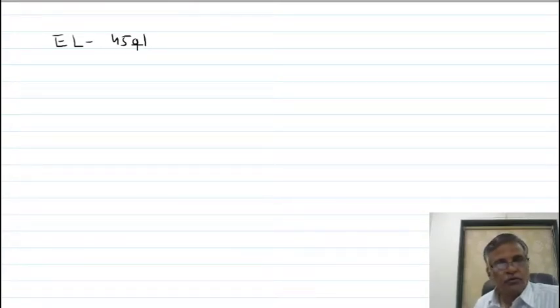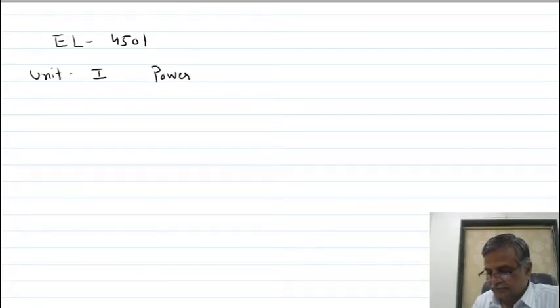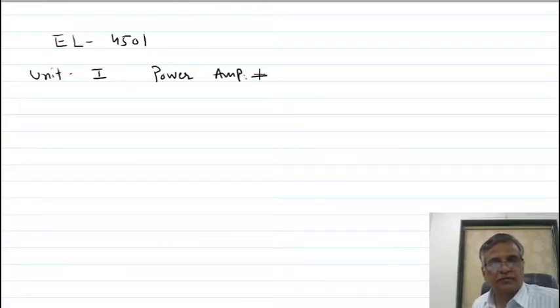From EL 4501 paper, I will take unit 1 about power amplifier. In this unit, I will discuss class A power amplifier, transfer coupled amplifier, class A push pull amplifier, and class B push pull amplifier.